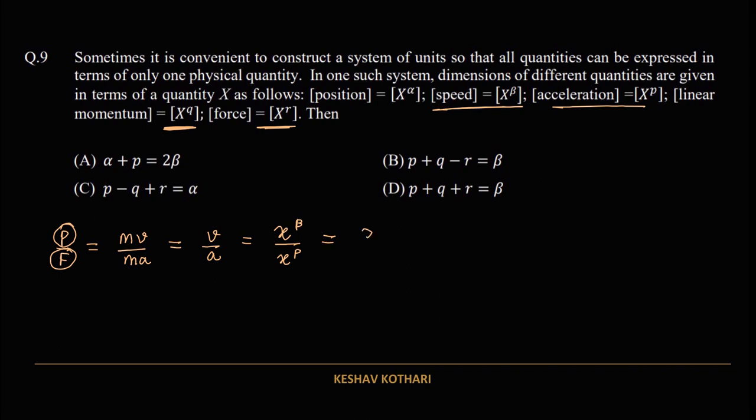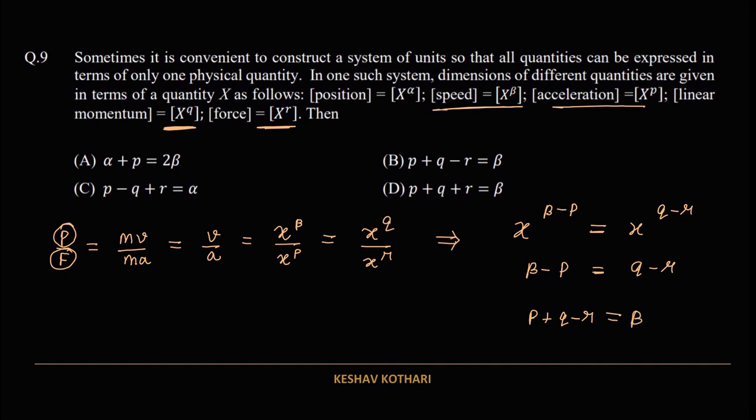So from here I get x to the power beta minus p is equal to x to the power q minus r. Equating powers, since the base is the same, we get beta minus p is equal to q minus r, or I can say that p plus q minus r is equal to beta. So it is matching with option B.